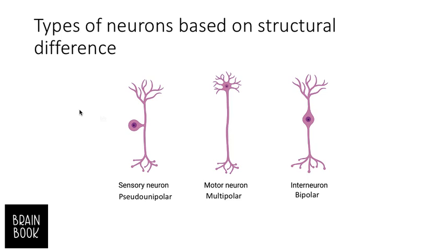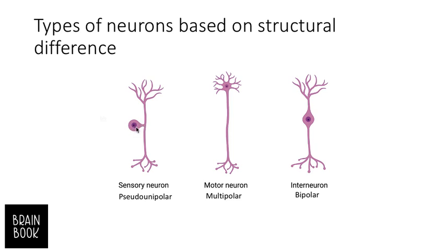Here you can see that there are three types of neurons based on structural differences. Here is a kind of pseudo-unipolar neuron. It means that from the cell body we have just one projection. As it is one, we say unipolar.